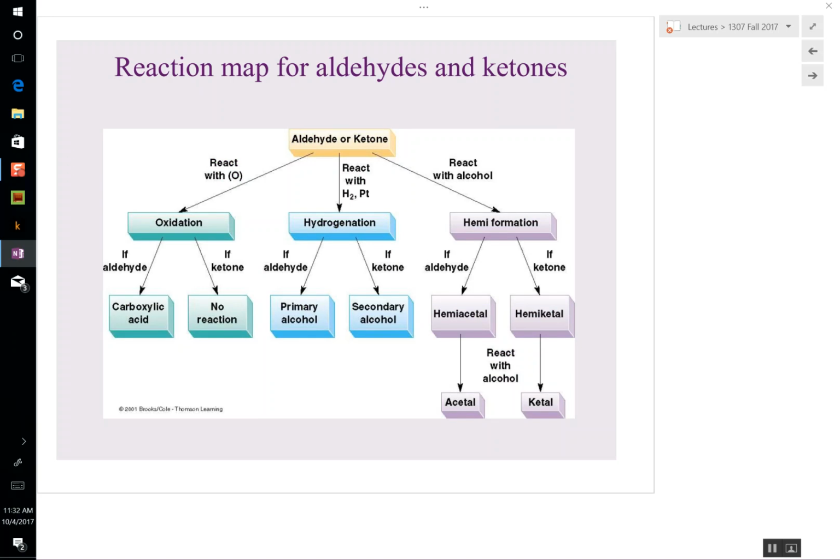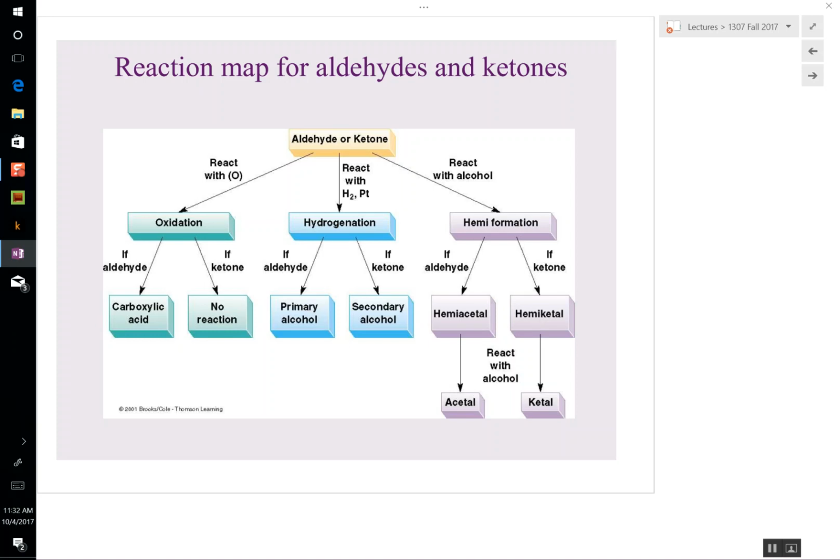Yeah, so we've got oxidation of an aldehyde, which gets you a carboxylic acid. Ketone, no reaction. The ketone is fully oxidized right there.